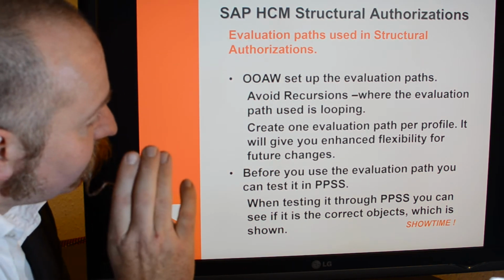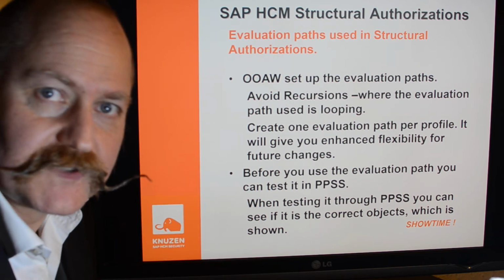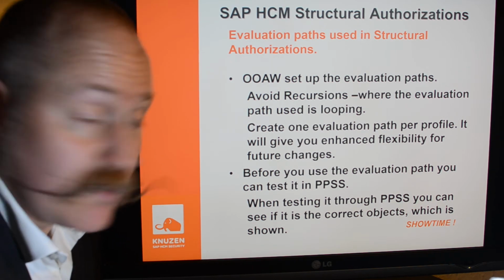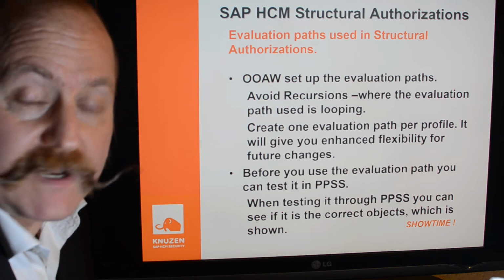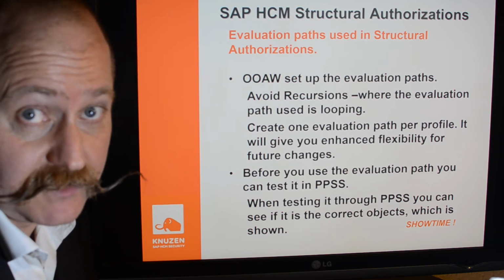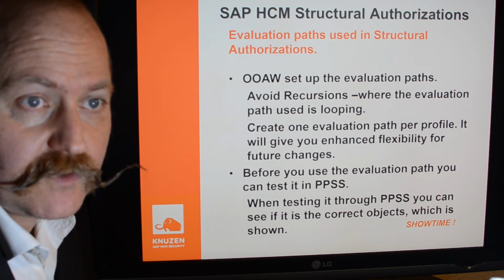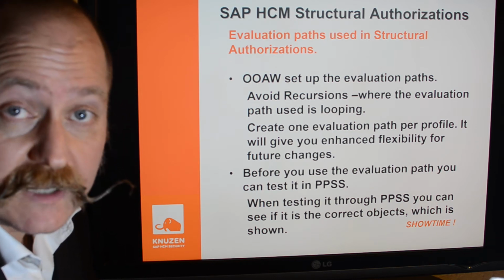Yep. The evaluation paths are quite essential for the structural authorizations. You can set them up in transaction OOAW, and when you're setting them up, please avoid recursions. They will mess up the structural authorizations. You can also create one evaluation path per structural profile.